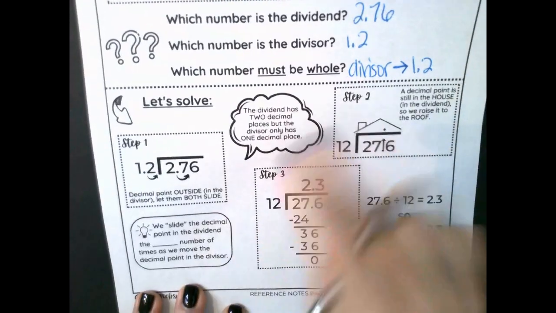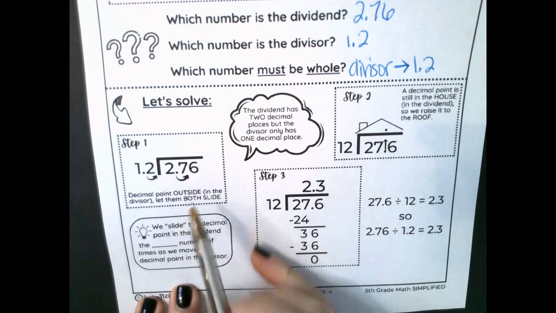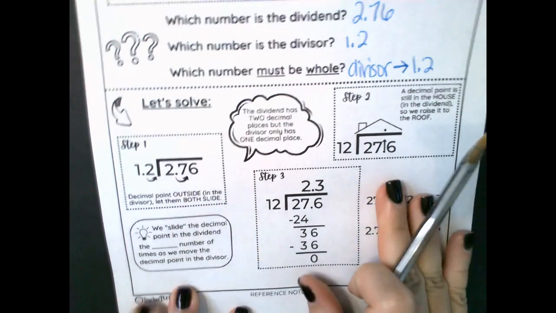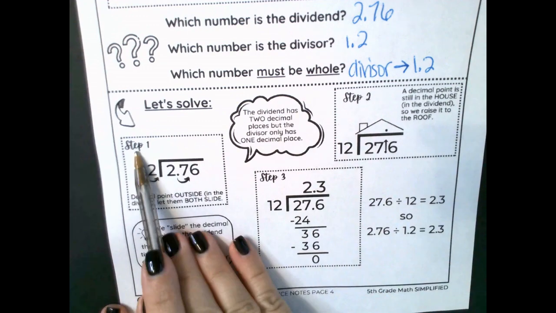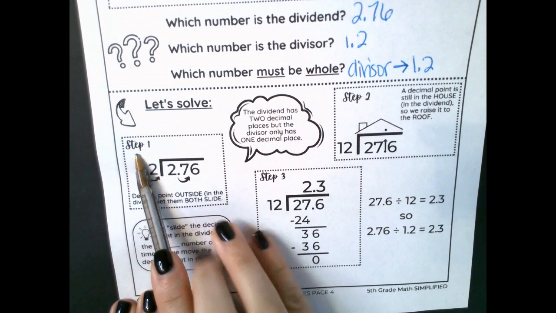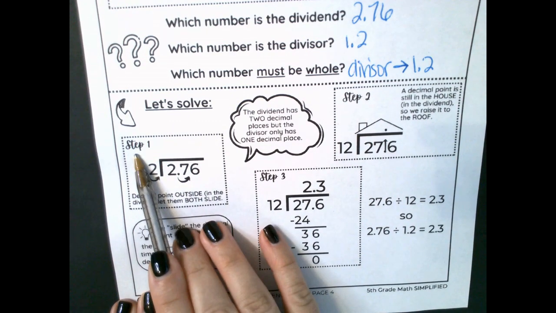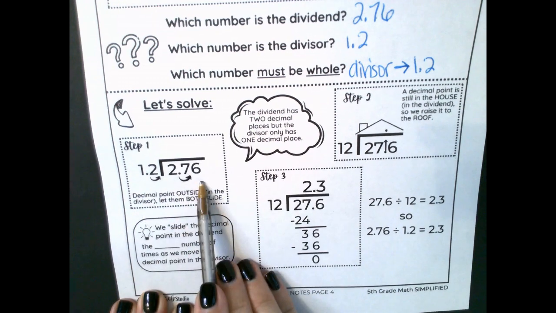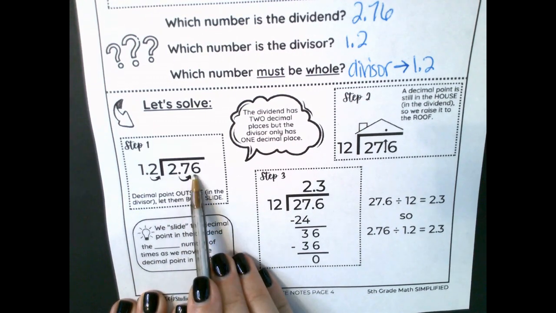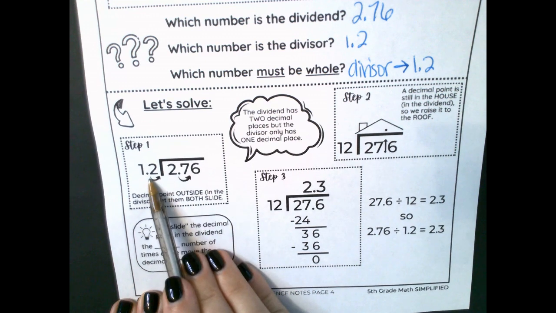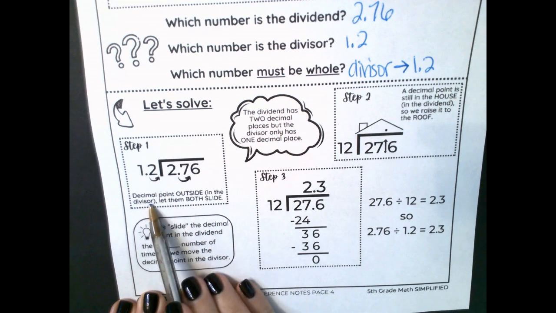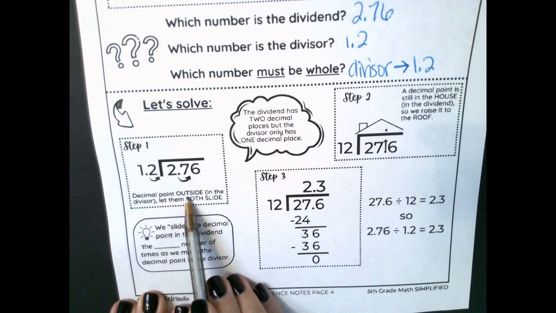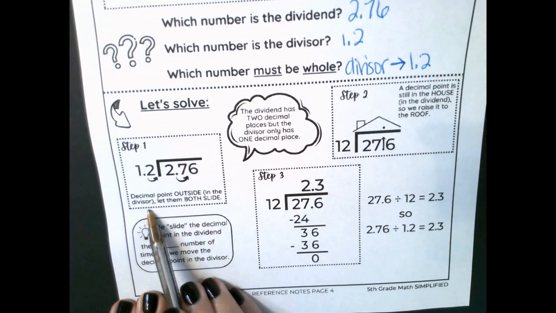So let's look down here at this problem all worked out. But I don't want you to look at it as big picture. I want you to look at it step by step. So let's look here at step 1. I've got my expression set up. I've got my dividend inside the box. I've got my divisor outside the box. We have a decimal point outside, which means in the divisor.